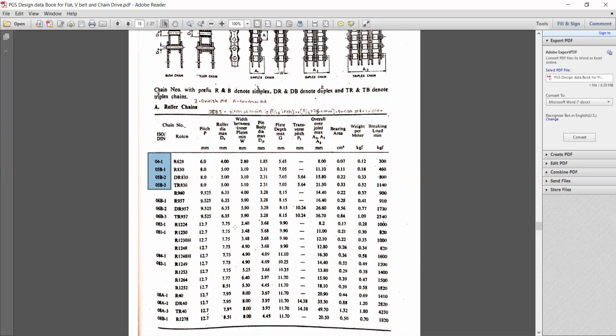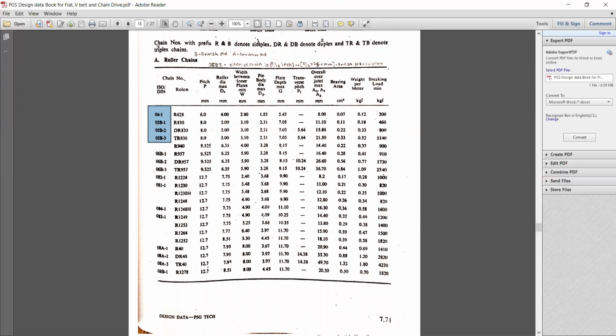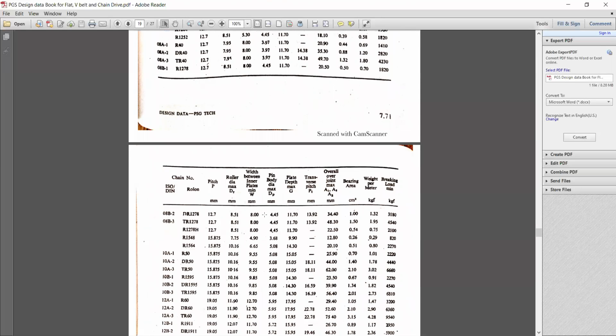If there is a digit 2, then it's a duplex, and if there is a digit 3, then it is a triplex chain. So I'm selecting a simplex chain, but having a greater breaking load so that it can withstand the higher load condition.